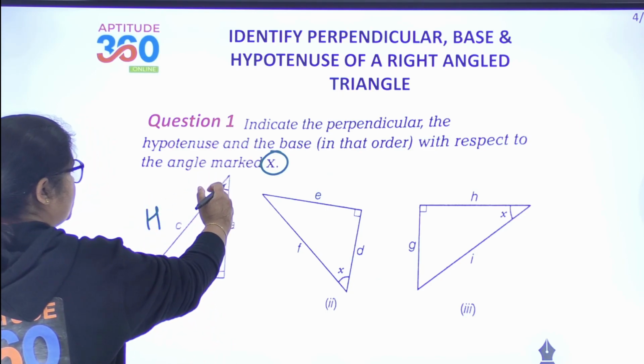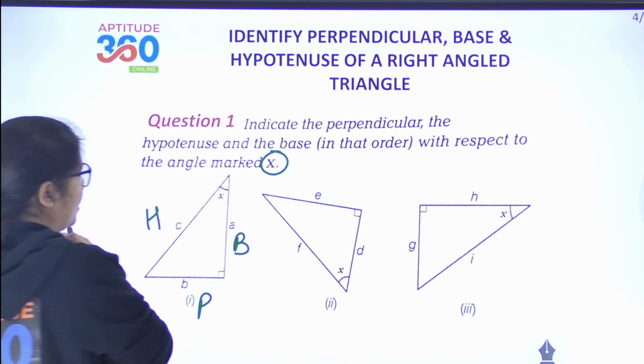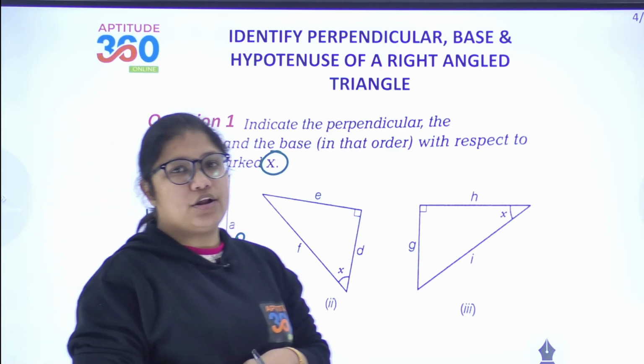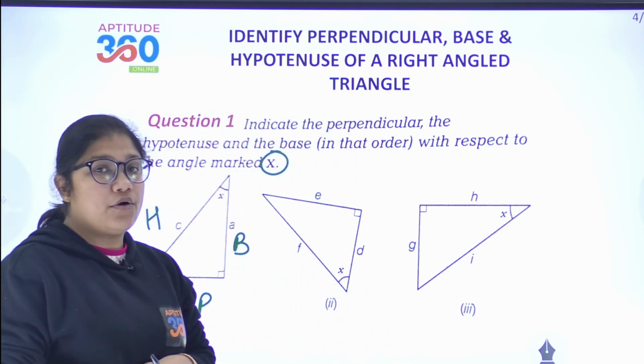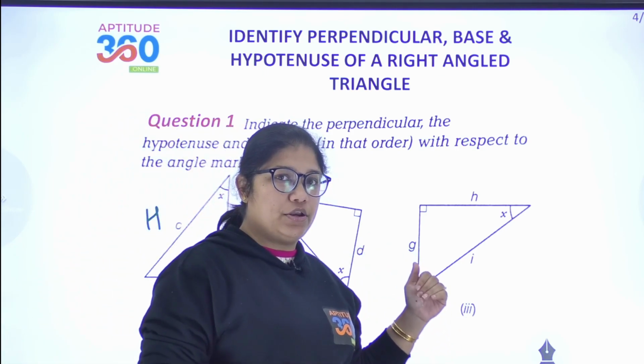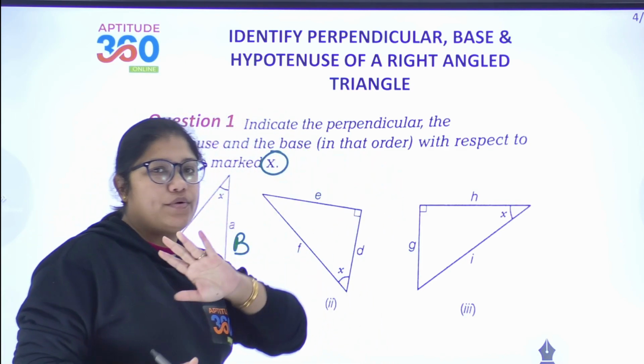The side opposite to your angle of reference is perpendicular. The leftover side is your base, or the side adjacent to your angle of reference. Now, I hope you are able to understand how to identify a hypotenuse, perpendicular and base. Quickly take 2 seconds and solve these 2 questions as well.